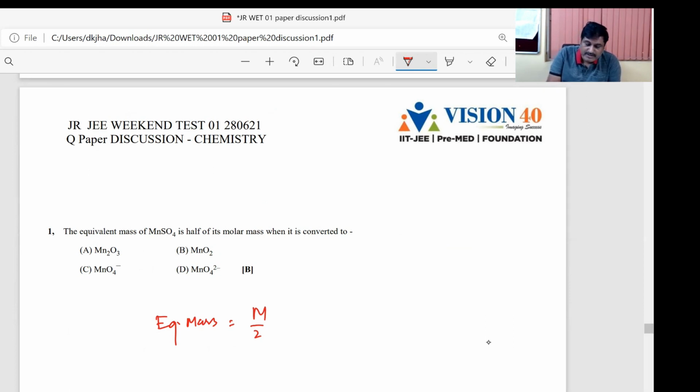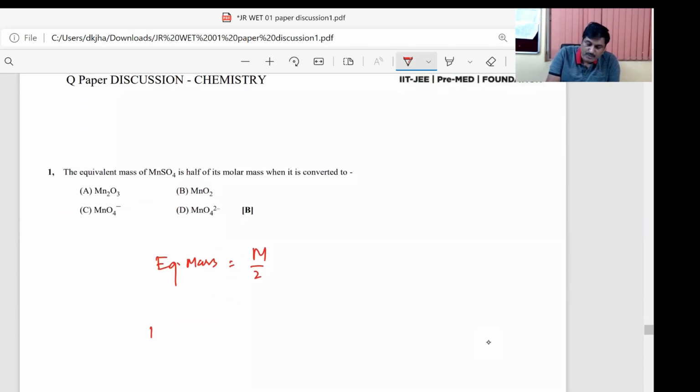In which case is it happening here? MnSO4, what is the oxidation state here? Plus 2. If this is converted to Mn2O3, this is minus 6, which goes to the other side, plus 6. Plus 6 by 2 gives plus 3.